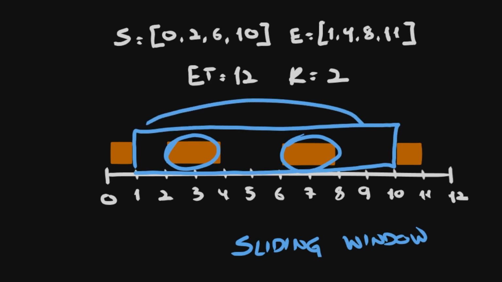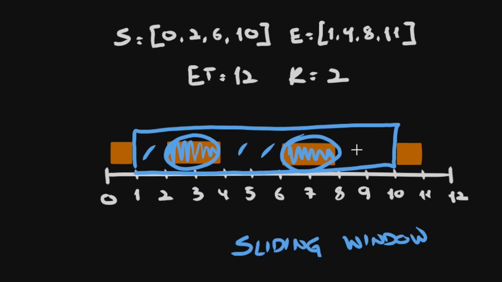And once we get the size of this window, we can just subtract the amount of time for the meetings, and this is how we get all the free time. In this case, we have 1, 2, 3, 4, 5 spaces for free time. So this window goes from 1 to 10, so we do 10 minus 1, this is 9.